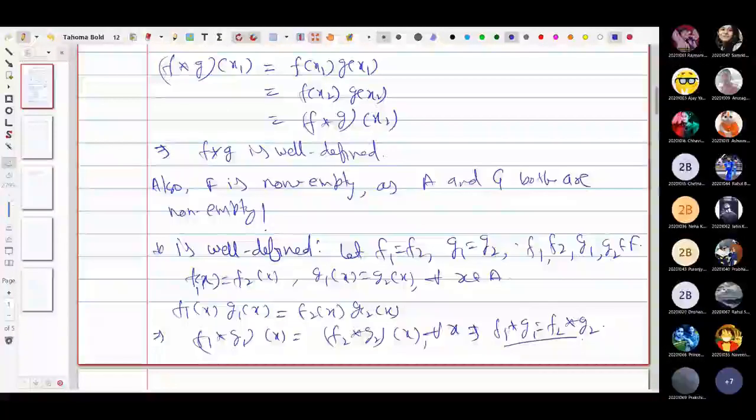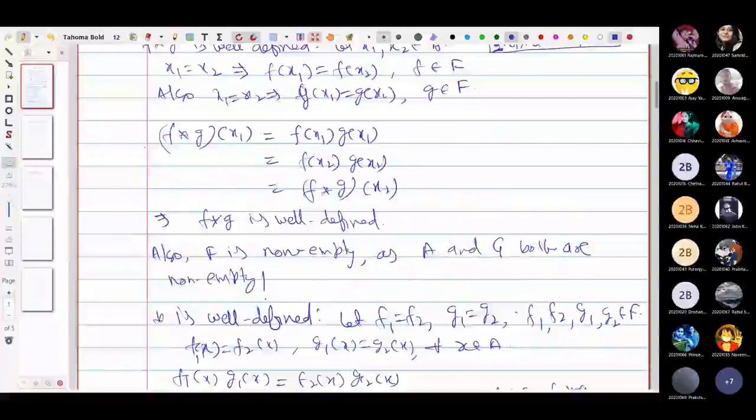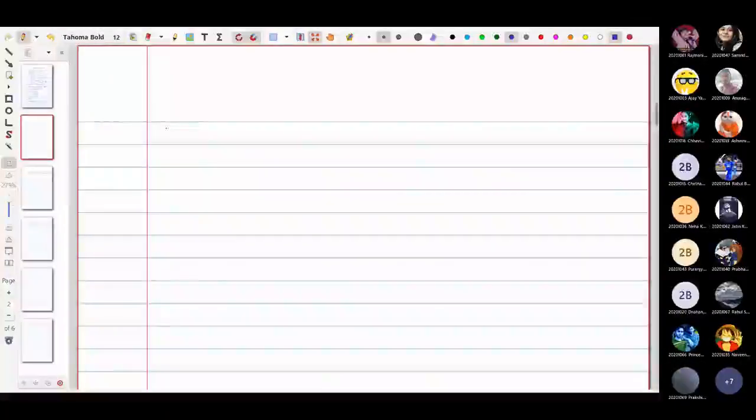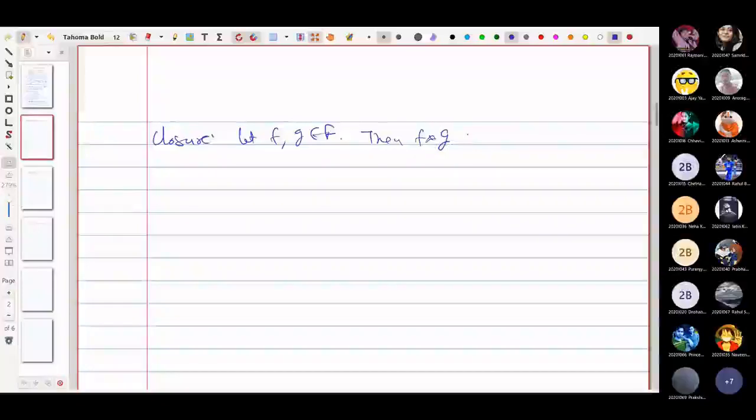Now let us see how we can prove the rest. First, closure. Let f and g belong to capital F. Then f star g belongs to capital F, as f star g is well defined, which we have just proved.